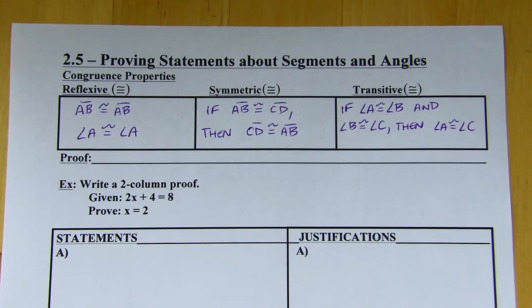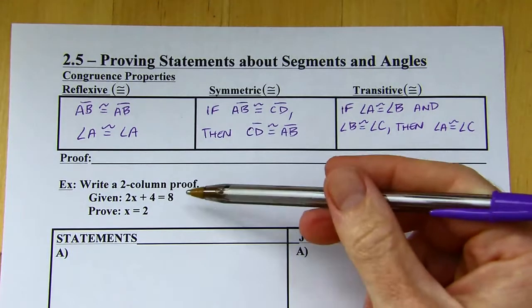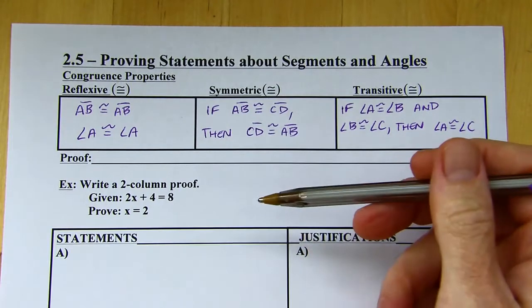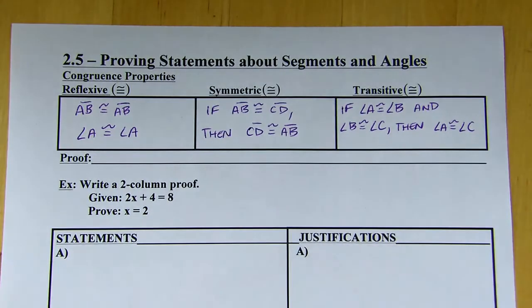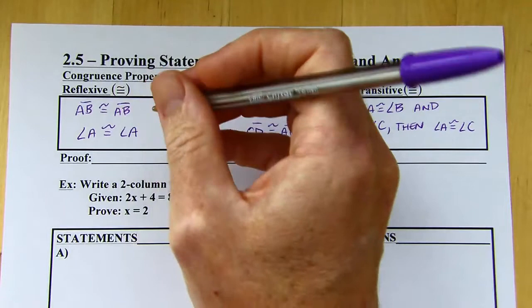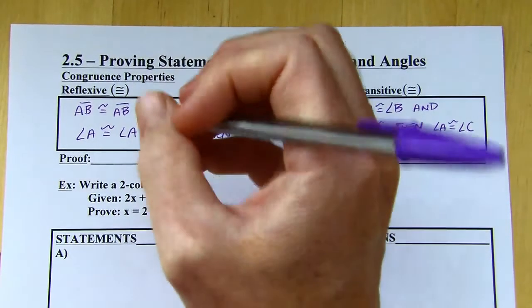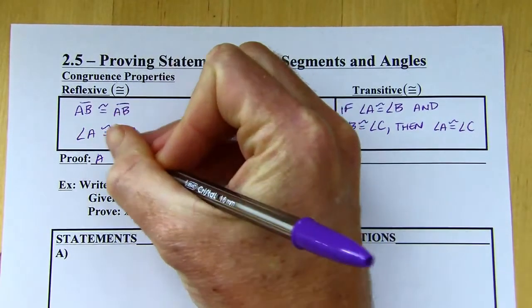So a proof, we've already been doing these in essence with algebra, where we just write the justifications for each step. And this is just an organized way of doing that, but there's nothing different. So a proof is going to be a logical argument using deductive reasoning.